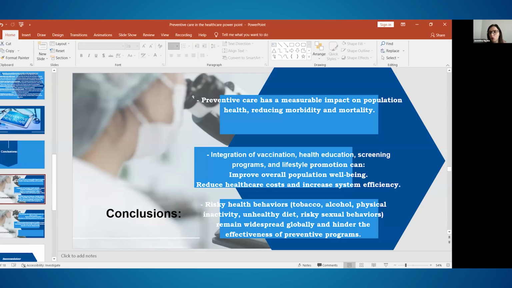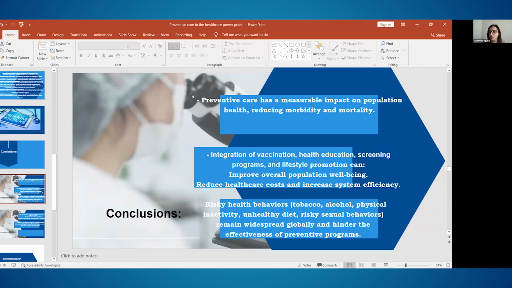So I can go to the conclusion of the study. Preventive care has a measurable impact on population health, reducing morbidity and mortality.